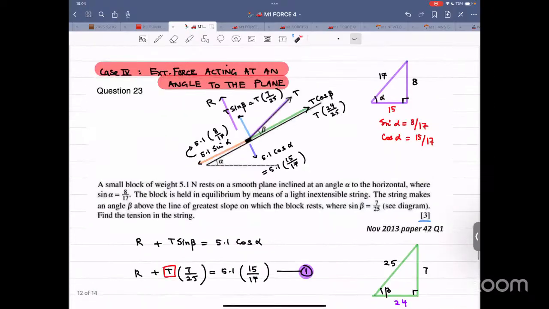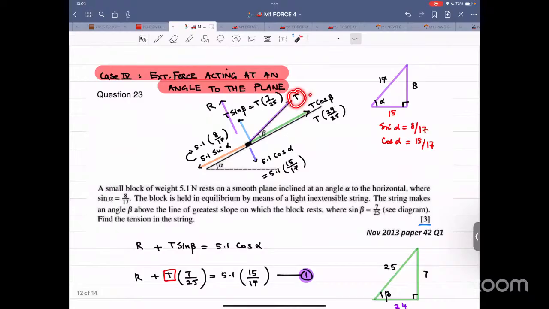Okay, now over here, this force in the string needs to be resolved. So this is T cos beta. That's the exact value. T sine beta, that is T into 7/25. Normal reaction force is there, weight component down the plane, mg. So 5.1 is already Newton. If it was kg, we would multiply it with 10, but it's already Newton.